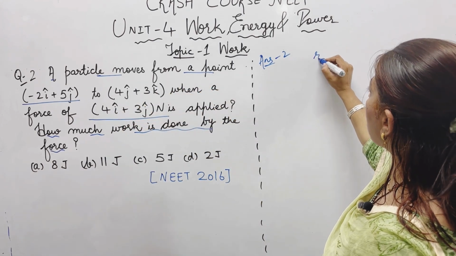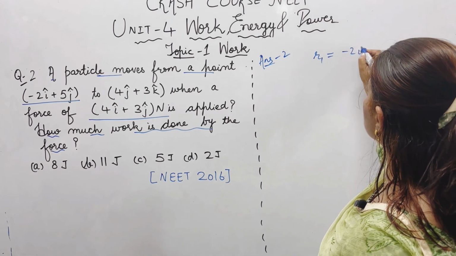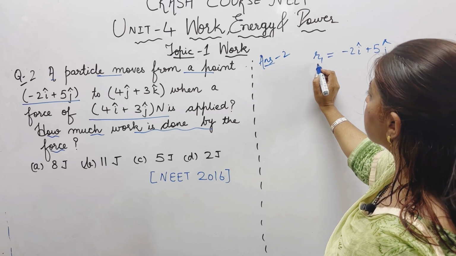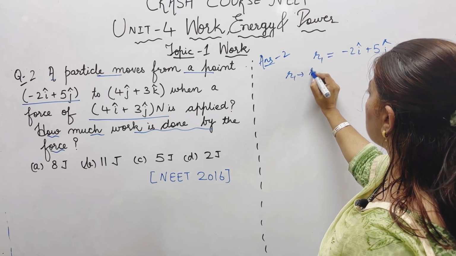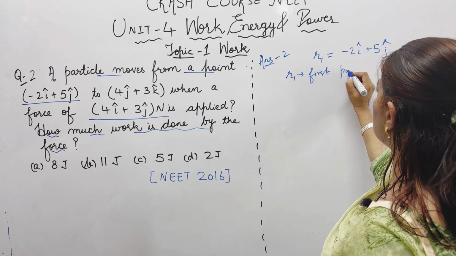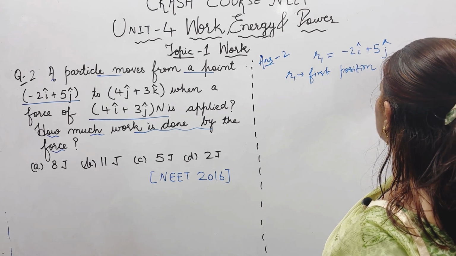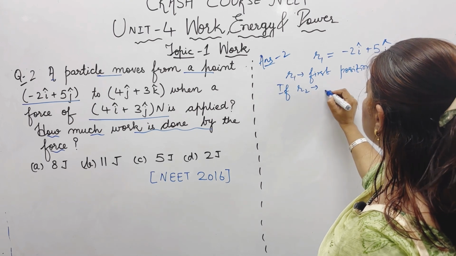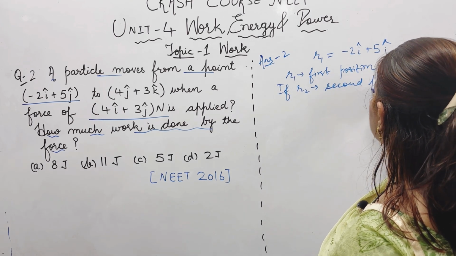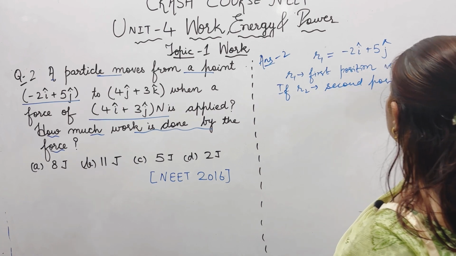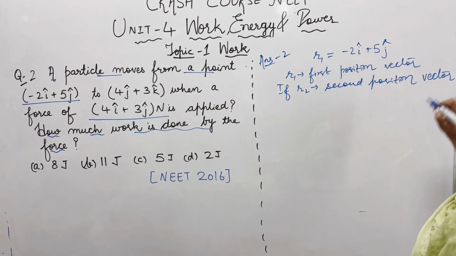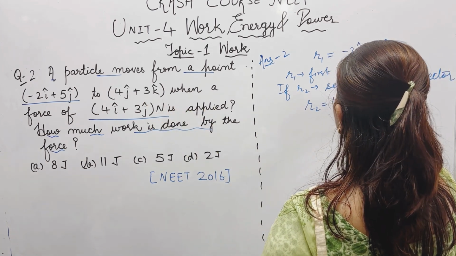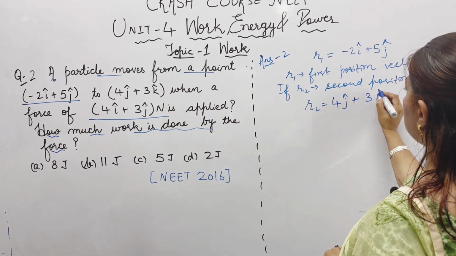It means R1 is minus 2i cap plus 5j cap, where R1 is the first position vector. If R2 is the second position vector, then R2 is written 4j cap plus 3k cap.